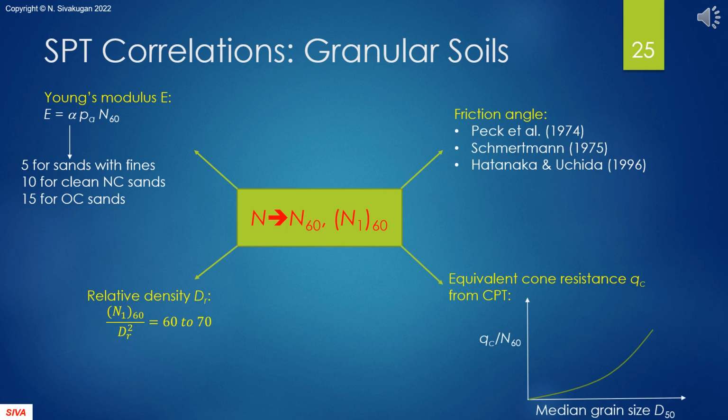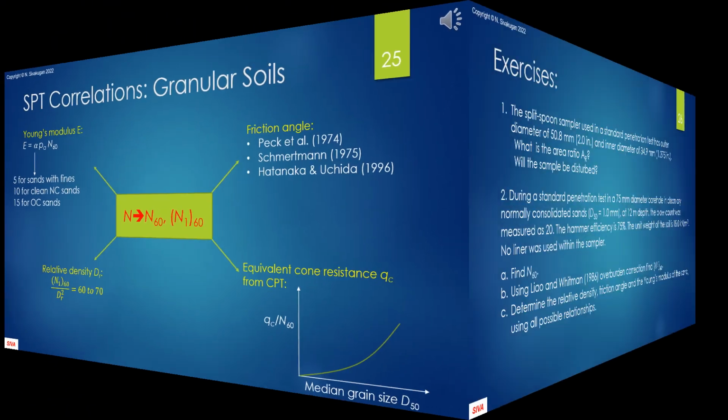We generally use N60 and N160 in the analysis and empirical correlations. In granular soils, we can estimate relative density, friction angle, and Young's modulus. We can also estimate the equivalent cone resistance from a cone penetration test discussed next.